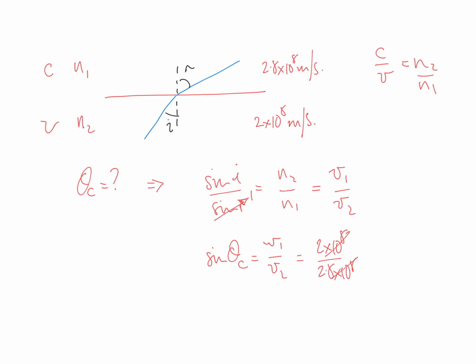Therefore theta critical is going to be sine to the minus 1 of 2 over 2.8, which gives me 45.6 degrees. Okay, bear that in mind, this inversion of the speeds. But otherwise, I hope that's all made some sort of sense.